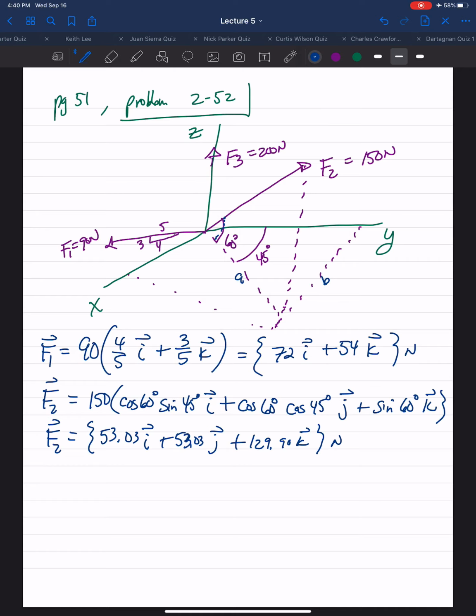And F3, that's purely on the Z axis. So it's in the K direction. So it's 200 K. The resultant force, F1 plus F2 plus F3.